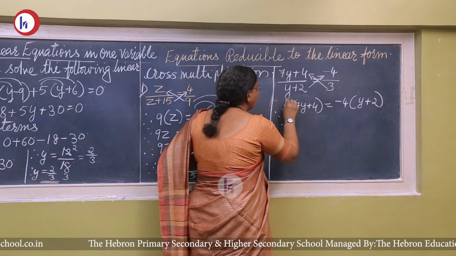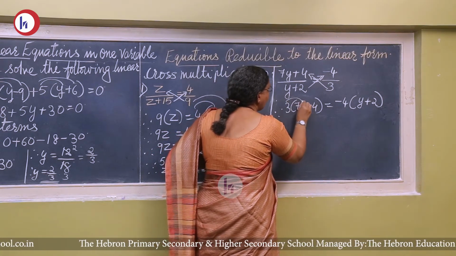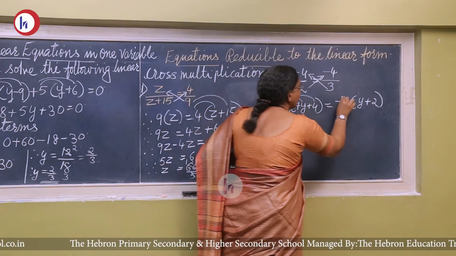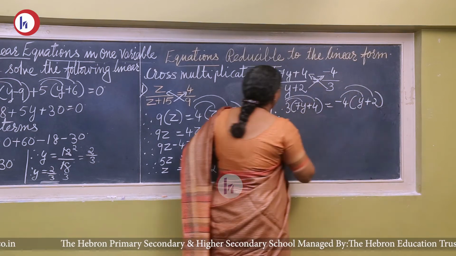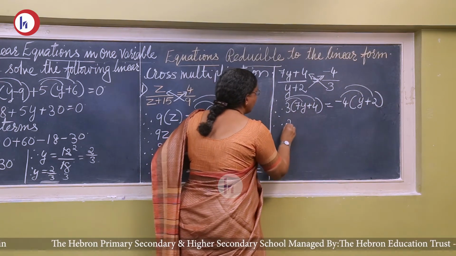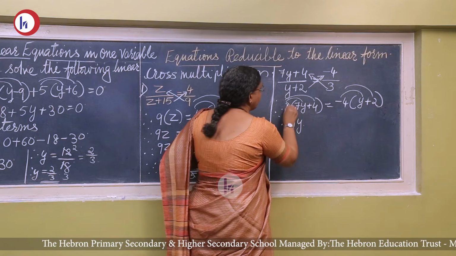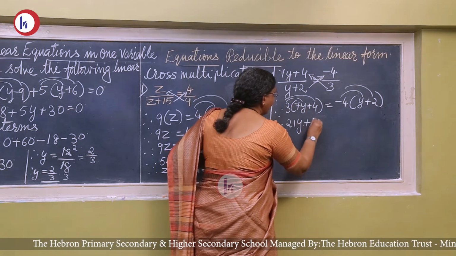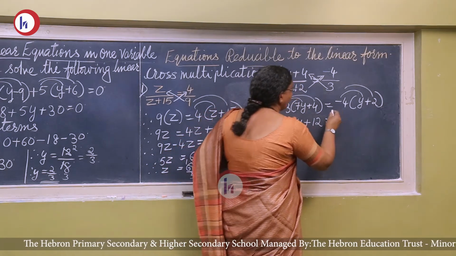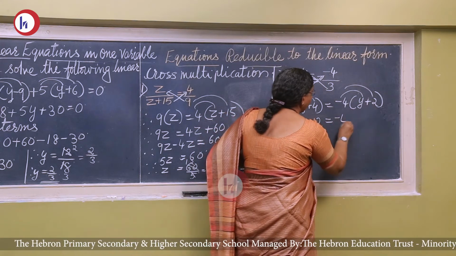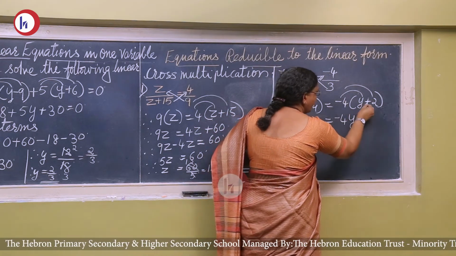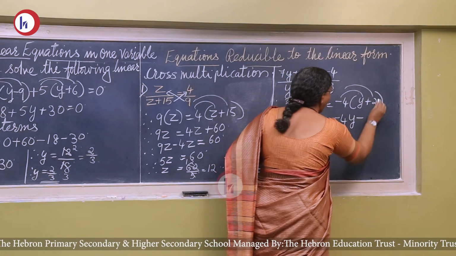Therefore, I said 3 common, it has to be multiplied with both the terms. So, 3 7s are 21y. Then 3 4s are 12, equal to minus 4y, and minus into plus, minus 4 2s are 8.